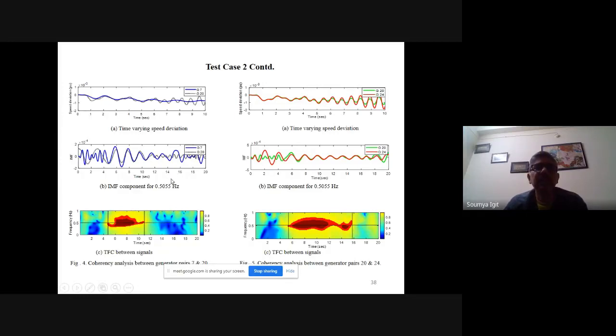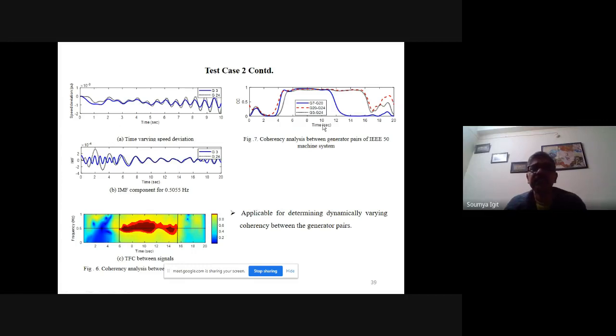So the IMF component of that exists at 0.505 hertz, and similarly the time varying speed deviations and the time frequency spectra that you get into the coherency analysis between generator 7 and 20, between 20 and 24. That means these generators are coherent enough. With respect to the excursion, they exhibit the speed deviation in a uniform manner. That means it follows a normal trend.